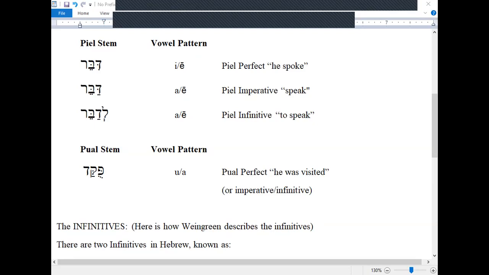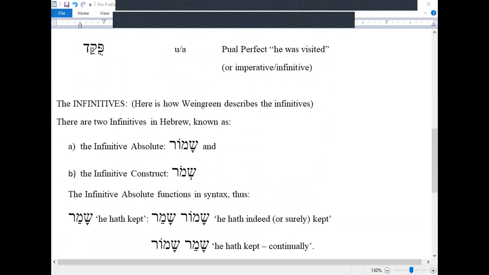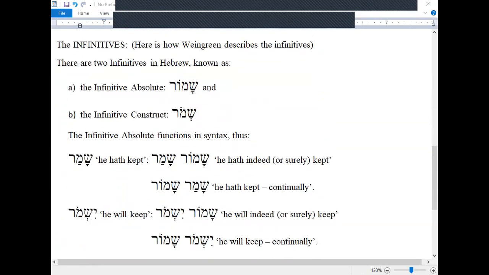So the infinitives, here is how Weingreen, I've used Weingreen's grammar in much of my teaching, and when we look at how Weingreen uses the infinitives, notice there are two infinitives in Hebrew.